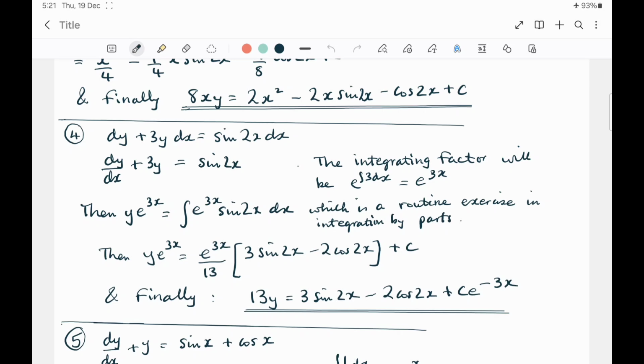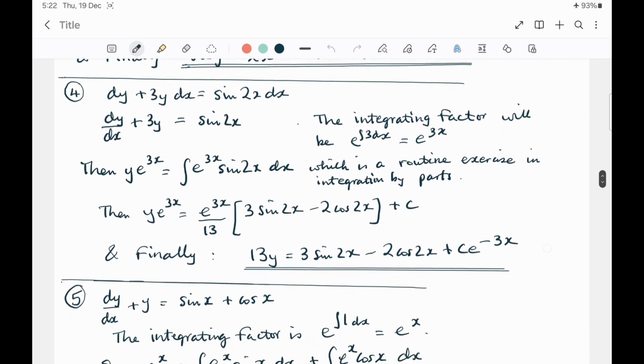And we will then get on the following line, y e to the power 3x equals e to the power 3x divided by 13, bracket 3 sine 2x minus 2 cos 2x, plus the obligatory constant c. And then finally, tidying that up a little bit, we get 13y equals 3 sine 2x minus 2 cos 2x plus c e to the power minus 3x. So that deals with question 4.